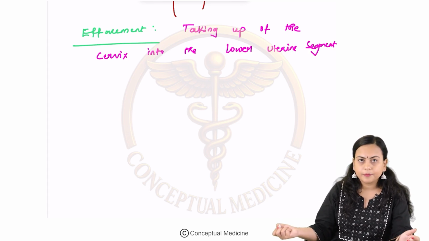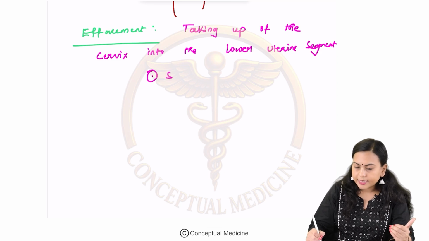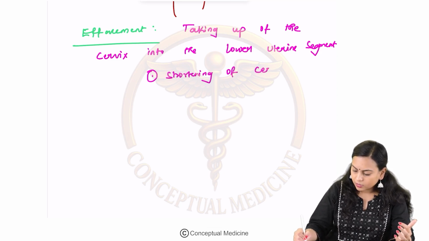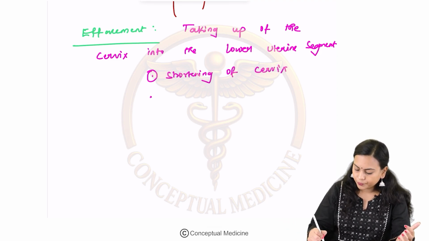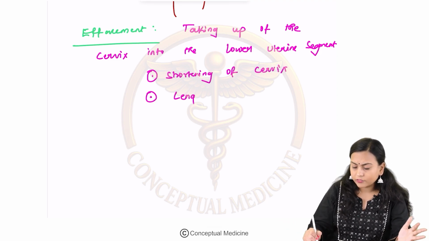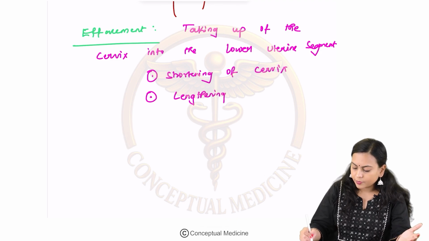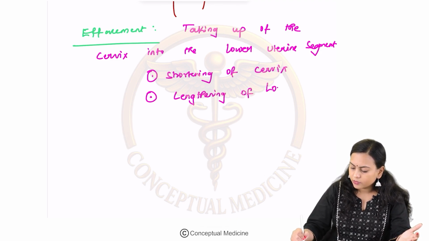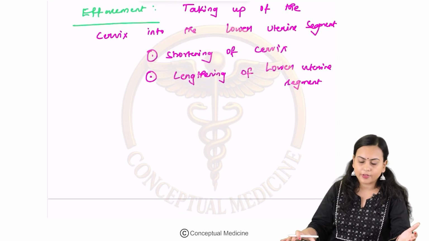So, what does this mean? Number 1, there is shortening of cervix. Yes. And number 2, there is lengthening of the lower uterine segment. Yes, correct. Lengthening of lower uterine segment. Okay, so this is known as effacement.